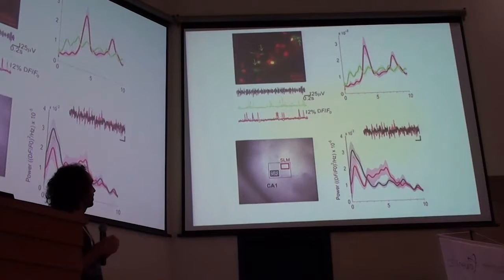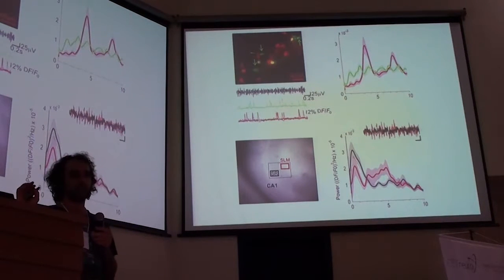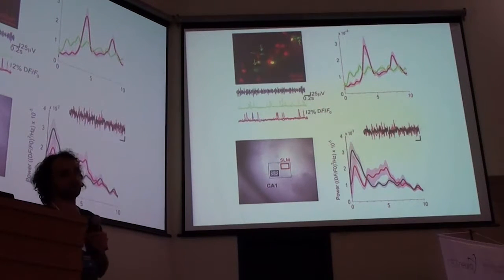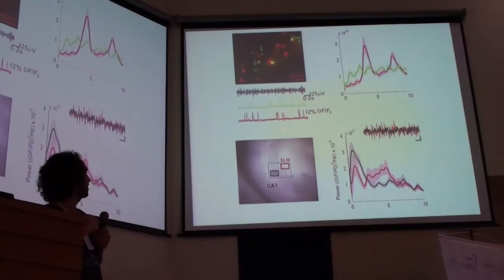So the green ones here are all the interneurons in the stratum oriens that are not tomato positive. And what I did was to electroporate Oregon green with a pipette. So I electroporate just cells in the stratum oriens. And then what you see is that even though the slice local field potential is in gamma, they fire around 4 with a peak at 8.